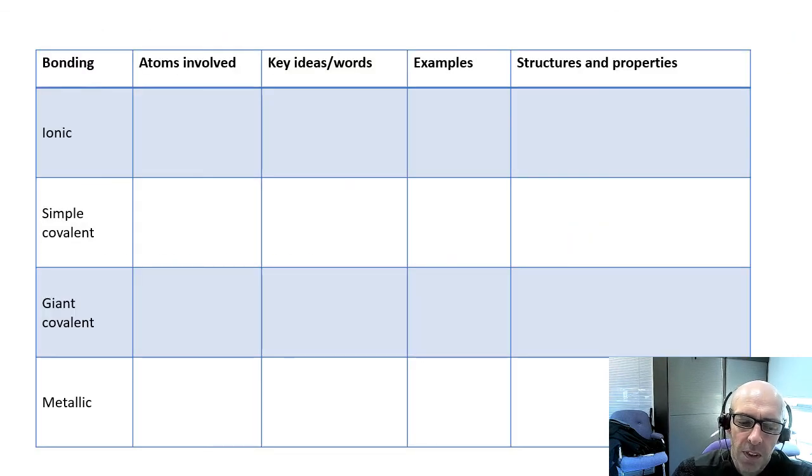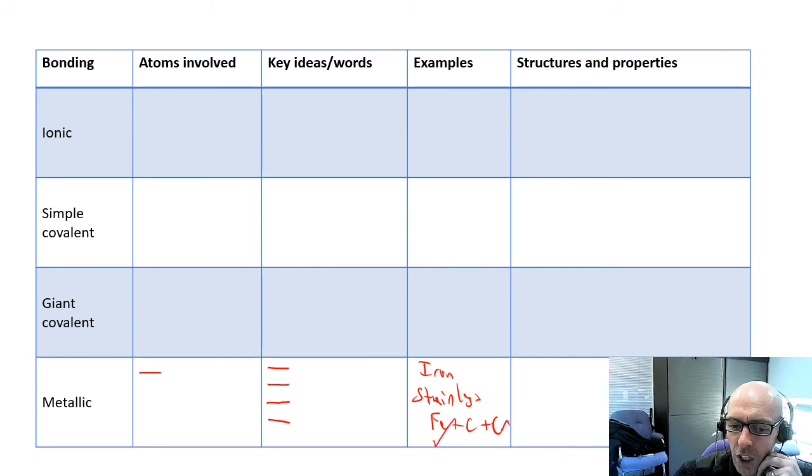So down here with metallic, it's metal atoms only involved. Positive metal ions, a free sea of delocalized electrons that are free to move, held together by electrostatic attraction. Examples: iron, and stainless steel, which is not on the periodic table, it's an alloy of iron, carbon and chromium.